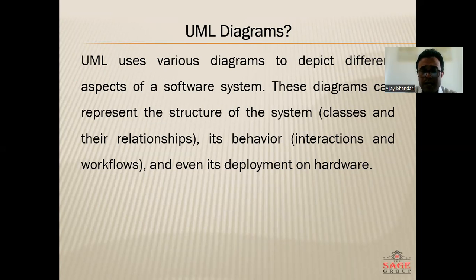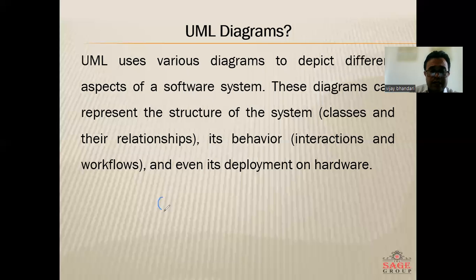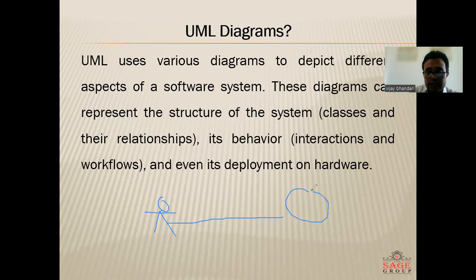For example, let's dive into the key types of relationships. Let's start with the association relationship. As I have already told you, this is the actor, and it connects to the other end, transferring funds.